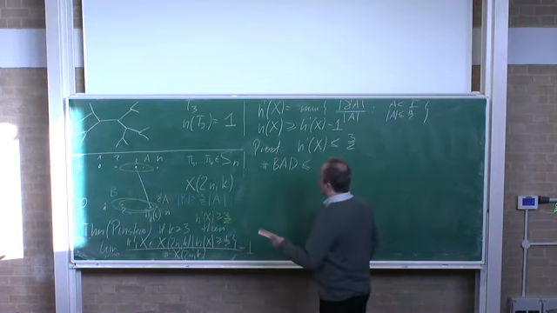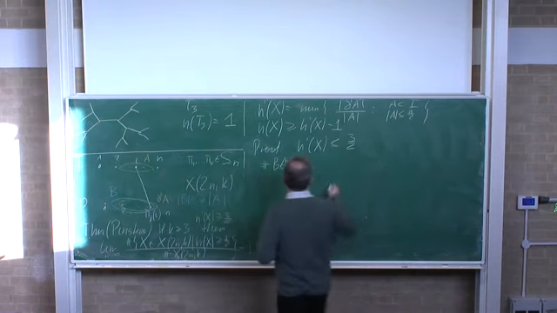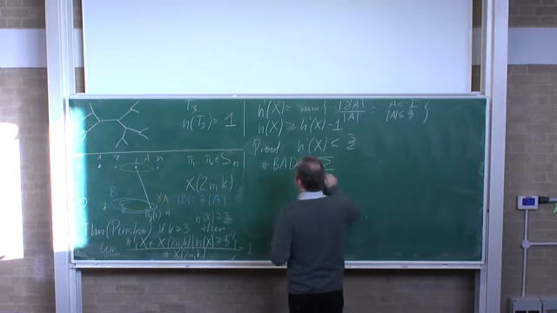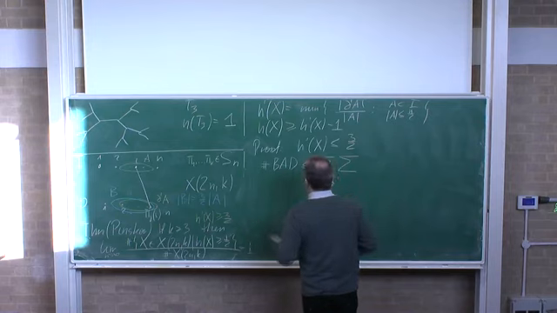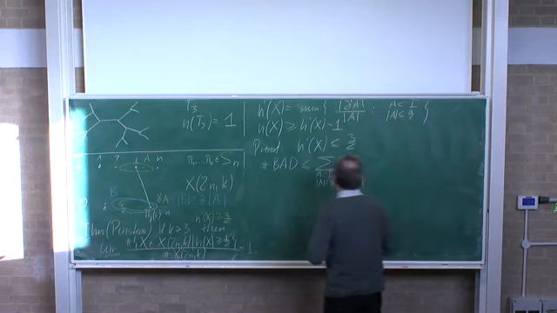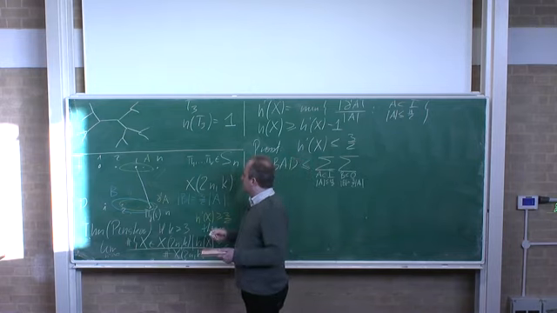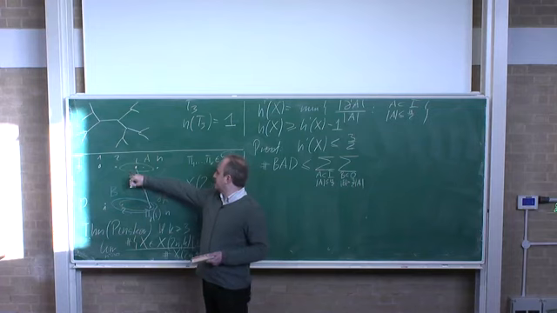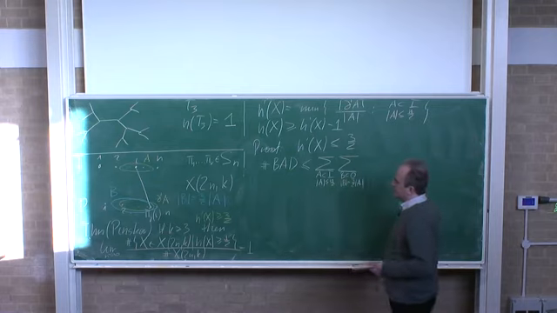We have to count the number of choices for A and B. So it's the sum over all subsets A in inputs, the size of A at most n over 2, of the number of choices for B in outputs, the size of B equal to 3/2 the size of A. And now, given A and B, how many permutations do we have such that evaluated on A, they will take the values in B?